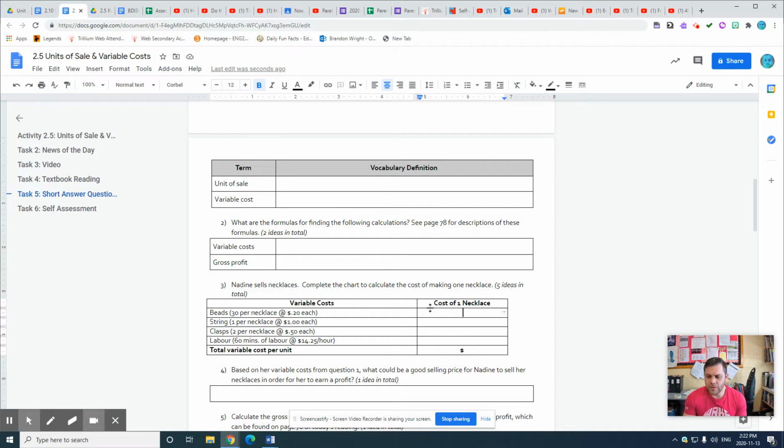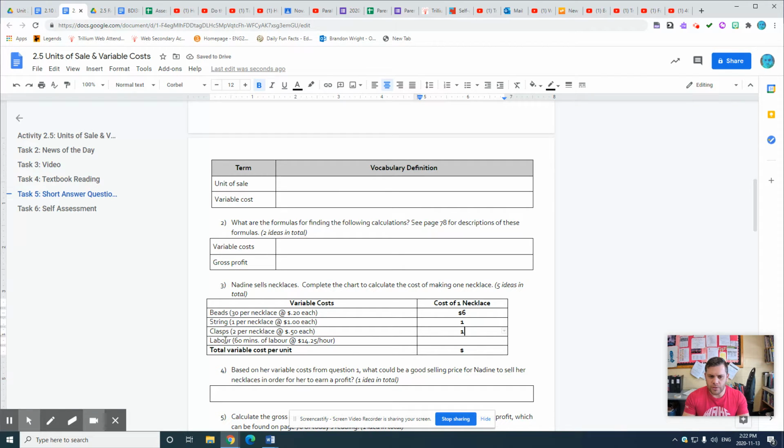And let's look how much it costs to make 1 necklace. So 30 beads at 20 cents each. So what you do is you take this number and multiply it by this number, the dollar amount. So 30 times 0.2 is $6. 1 times $1 is, well, obviously $1. 2 times 50 cents is, well, $1 as well.